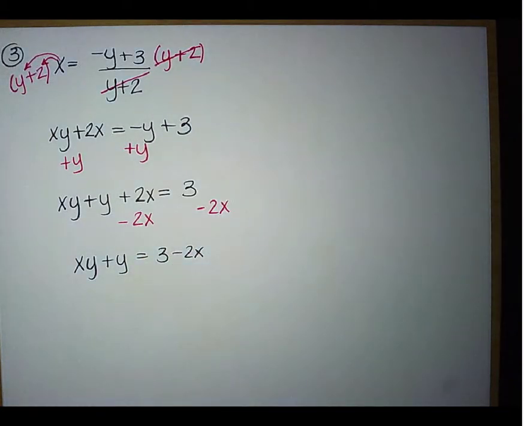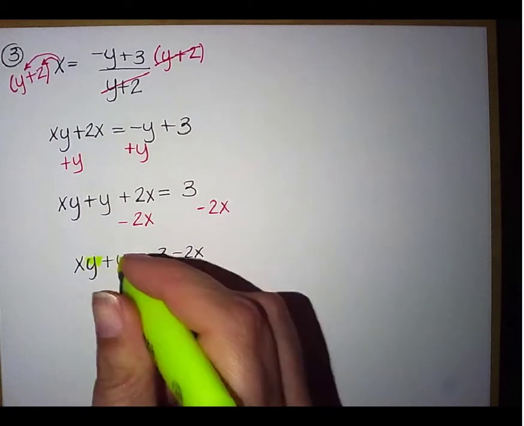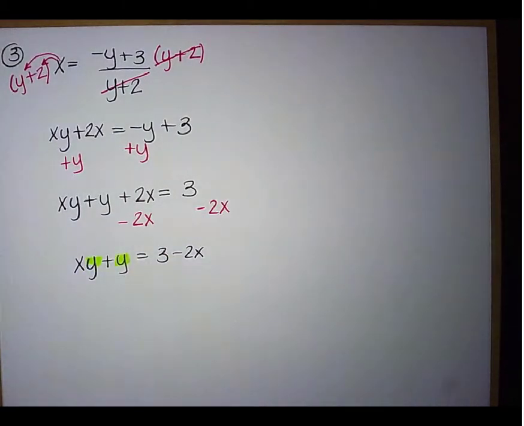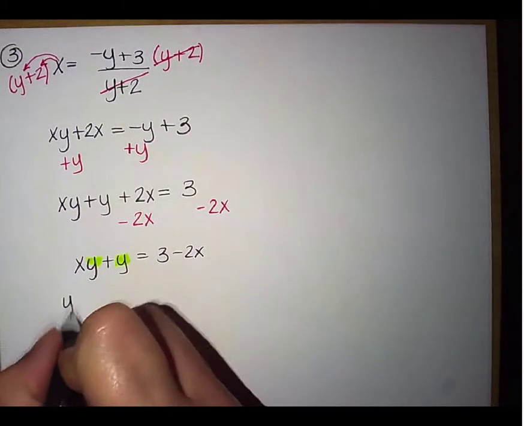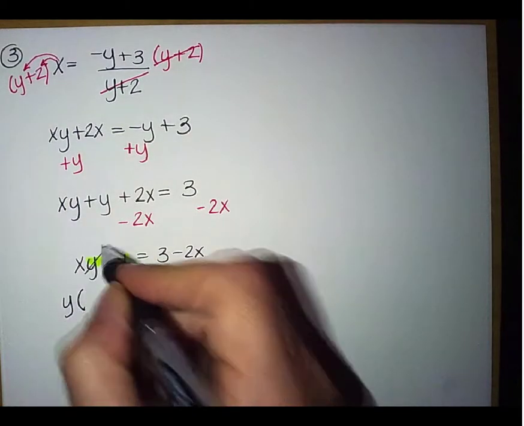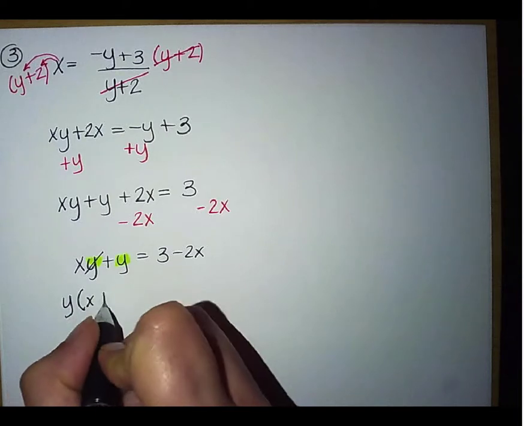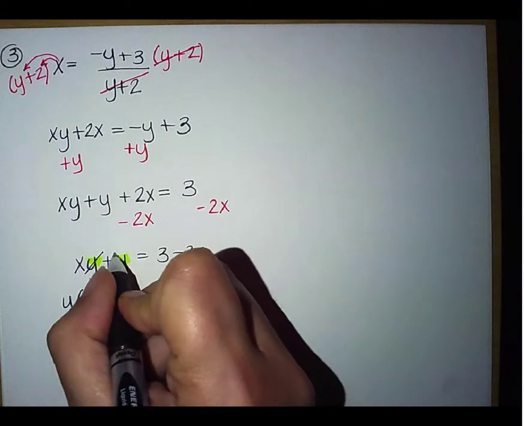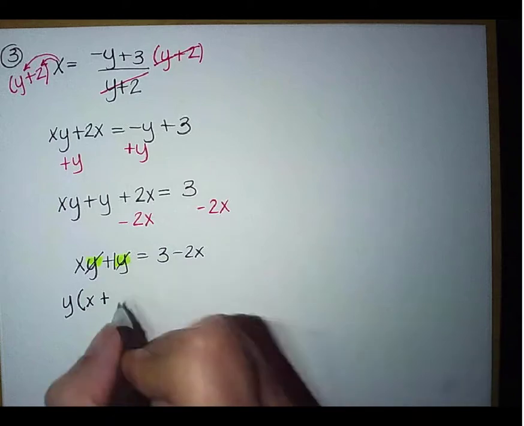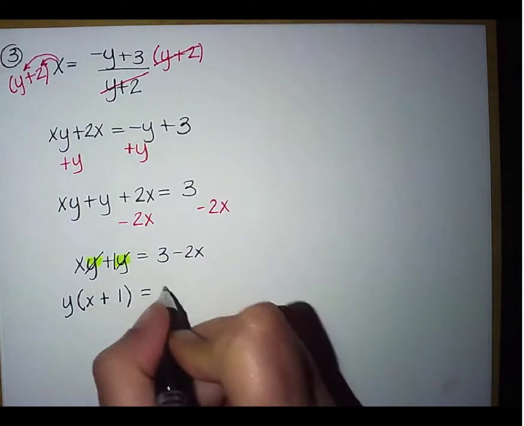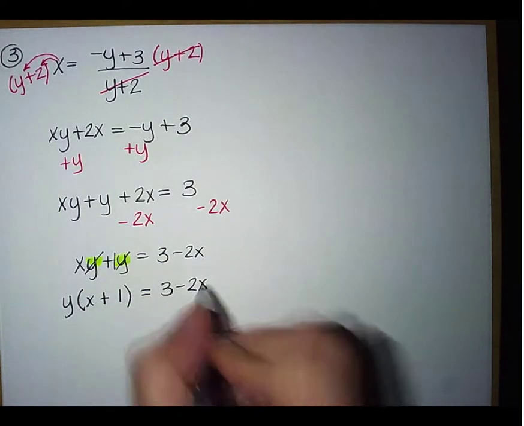And again, notice that we have y's in both of these terms, so we are going to factor out a y. So we're going to put that y out front. If we get rid of this y, we would have x plus, and remember, sitting in front of that y is the number 1, so we still have a 1 left, and that's equal to 3 minus 2x.